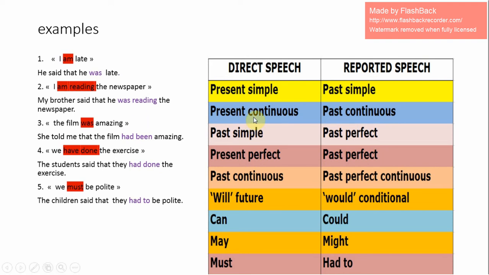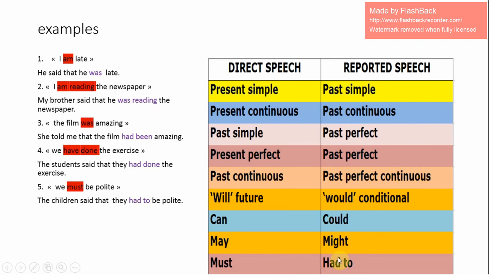And when we have present continuous, past continuous, simple past, past perfect, present perfect, past perfect, past continuous, past perfect continuous. And the same thing for modals. Modals will, can, may, must. So we also need to change them. So will turns into would, can turns into could, may turns into might, and must turns into had to.